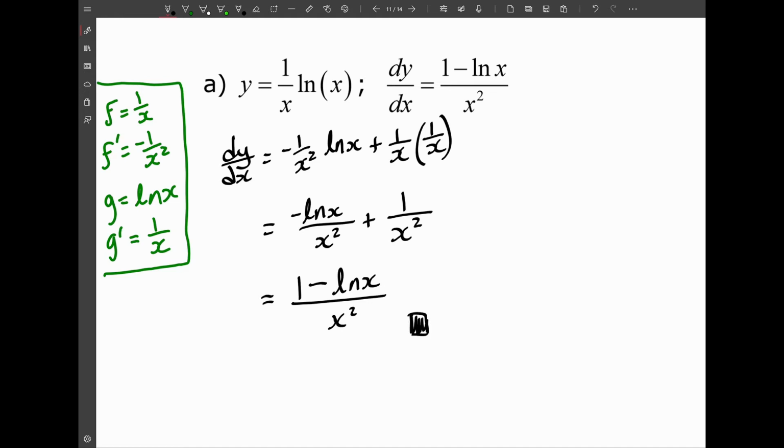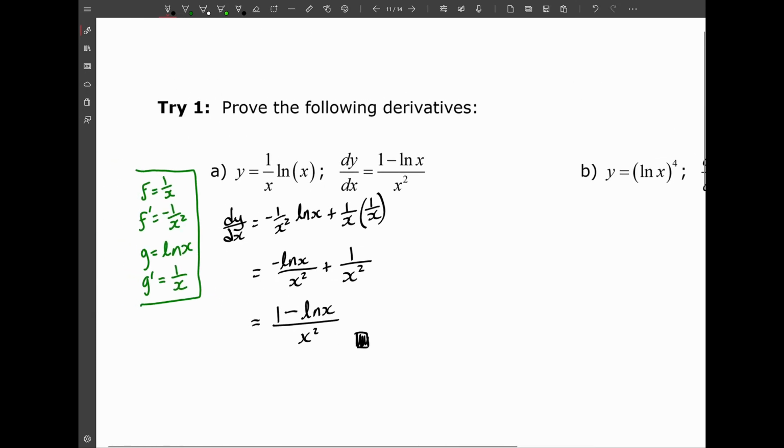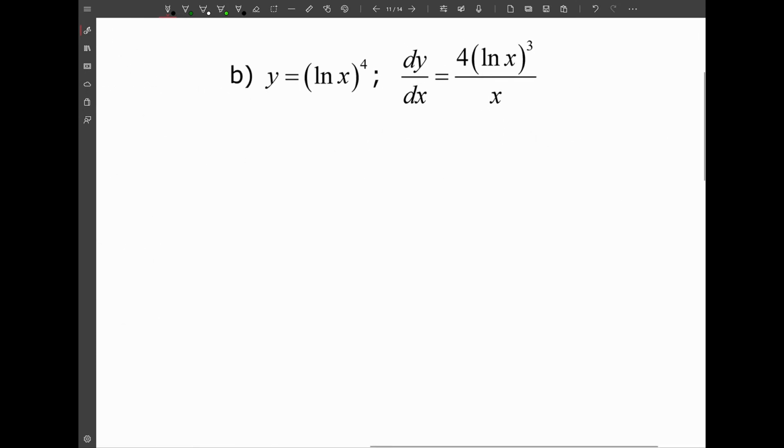Good for us. Hooray! All right, let's take a look at another one. y is equal to the natural log of x to the power of 4. Okay, so we've got some chain rule going on here. So dy dx is going to be, we bring down the exponent, 4 out front, natural log of x on the inside to the power of 3, so that's just power rule, times the derivative of the interior function.